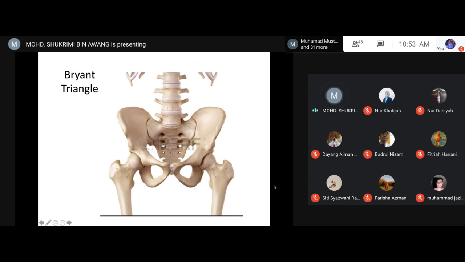So if your Bryant triangle is not equal, then you need to think of pathology above the trochanter area. If your shaft is not equal, you need to think what are the possible etiologies that involve the shaft, for example malunion. So now, if the Bryant triangle is not equal, what are the possible underlying problems?